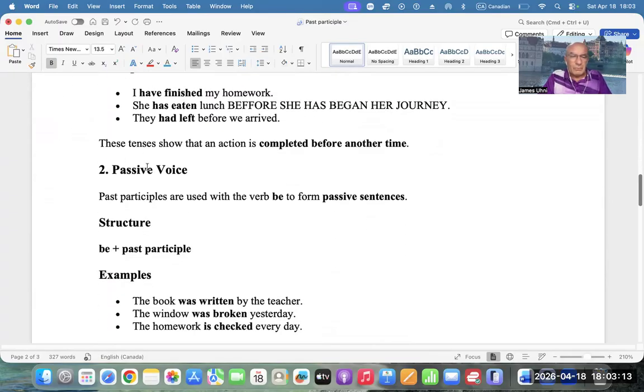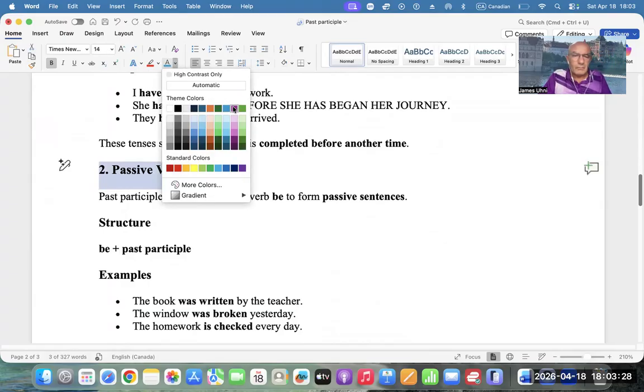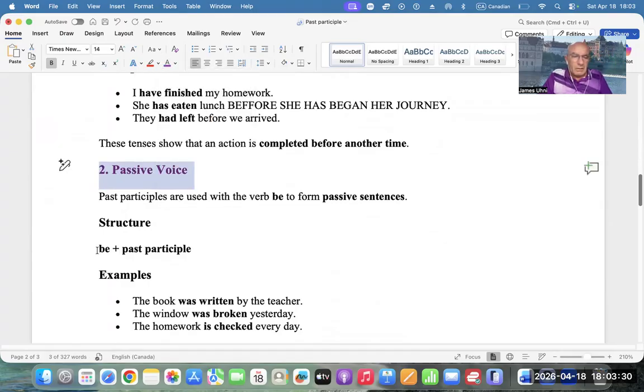Then we have passive voice, which goes to grade 5 and older. And that is used, so if I will use this one in passive voice, it is verb be plus past participle.